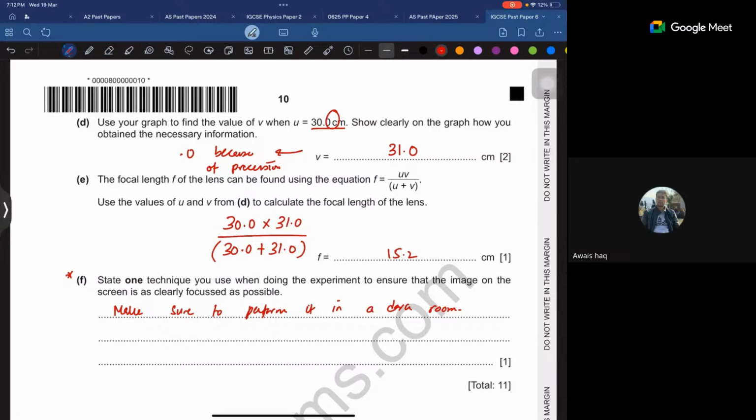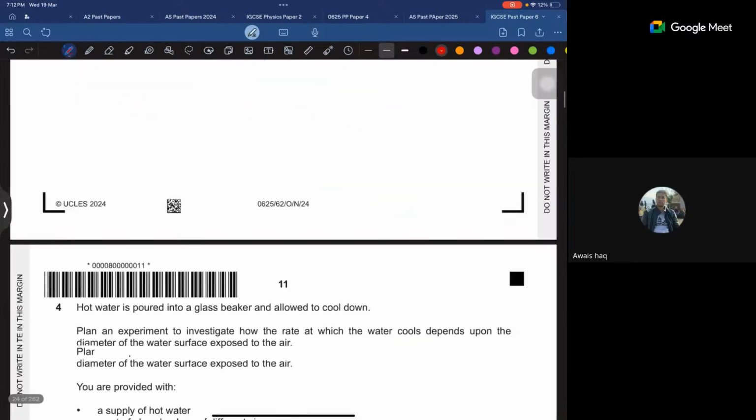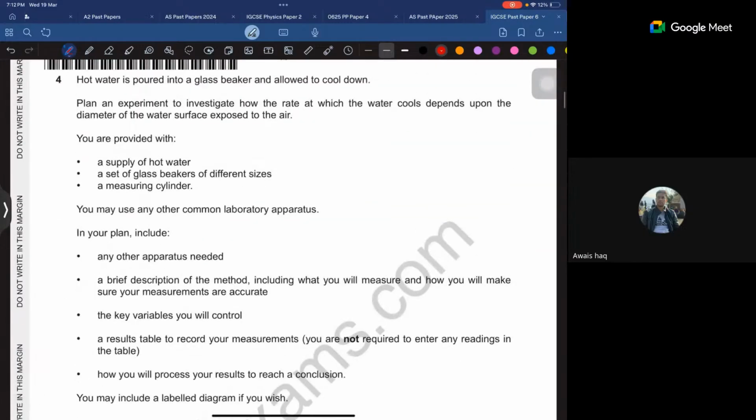Now, let's go to the next and talk about the final question, which I hate the most, because I write a lot in this. But there's certain things I want to tell you what to do. First of all, let's read what it is about.